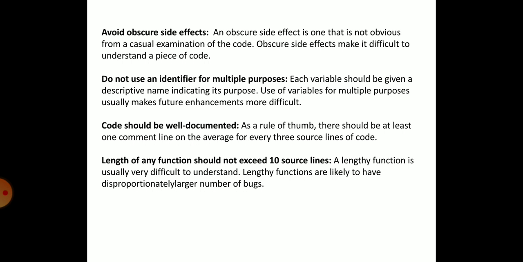So, for memory efficiency, different programmers may use the same identifier for multiple purposes, but even so it cannot be supported, because each variable should be given a descriptive name indicating its purpose. This is not possible if an identifier is used for multiple purposes. Use of a variable for multiple purposes can lead to confusion and make it difficult for somebody trying to read and understand the code. And use of variables for multiple purposes usually makes future enhancement difficult.